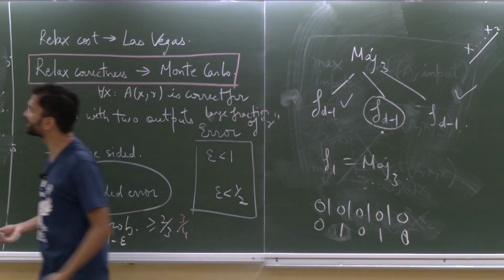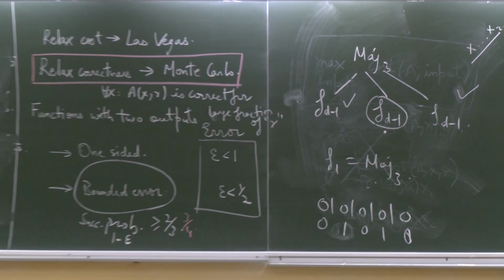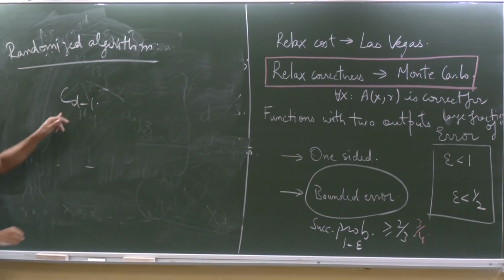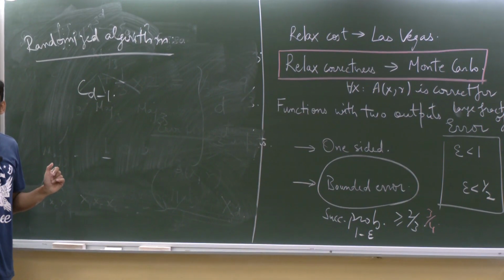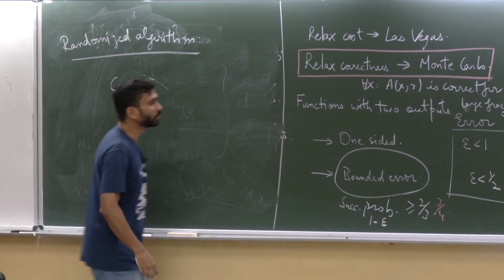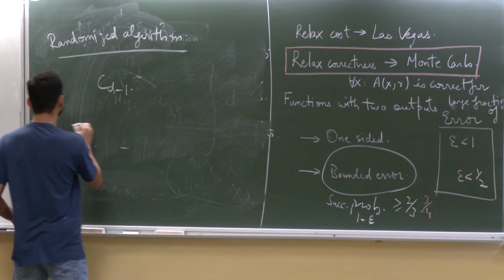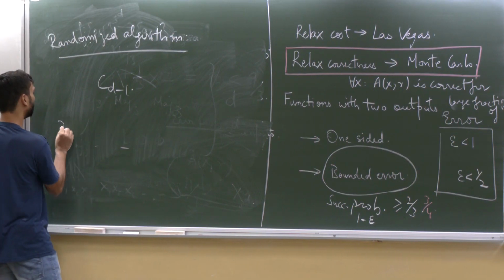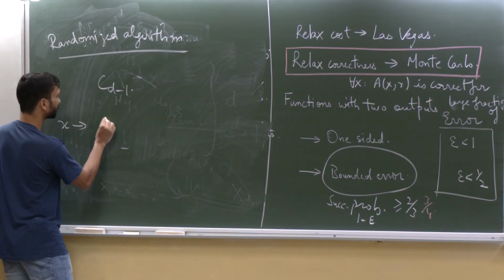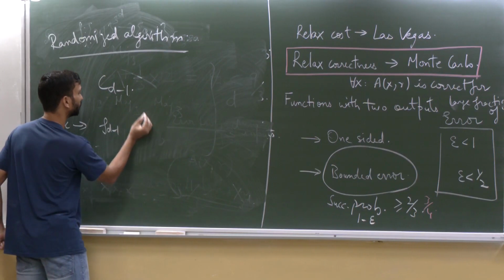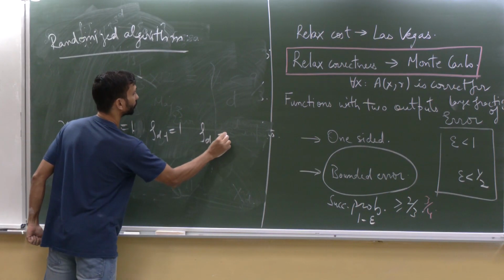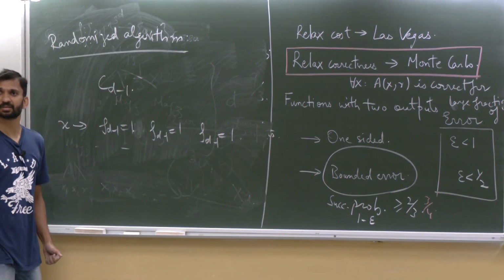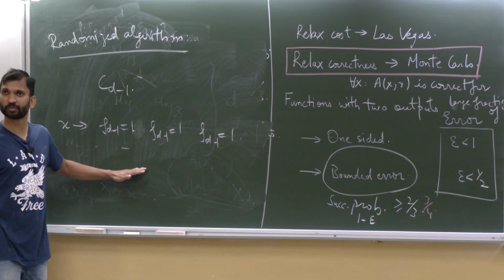So let's say the worst case cost for a d minus 1 level tree is c d minus 1. Correct? Now, if the input x was such that f d minus 1 was like this, it would be the favorable case.